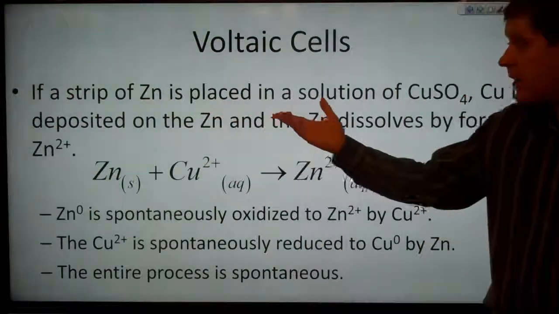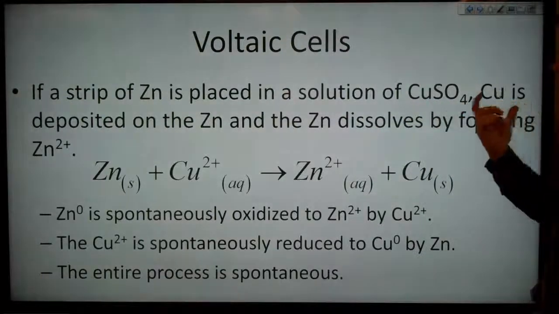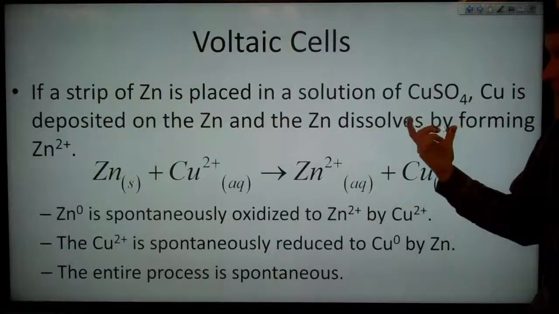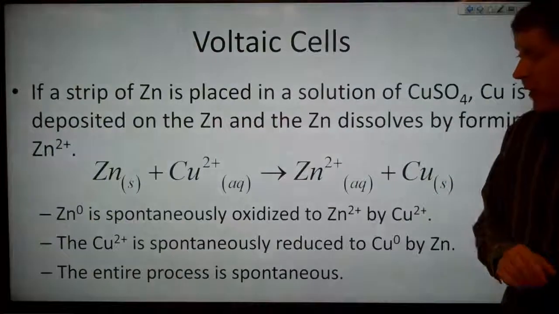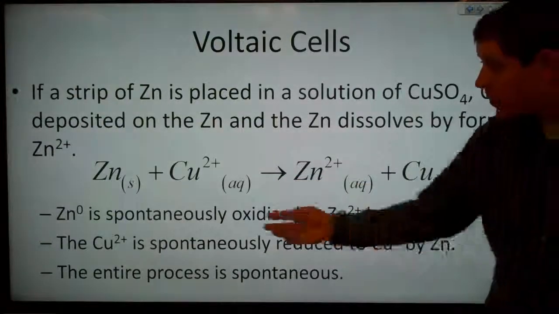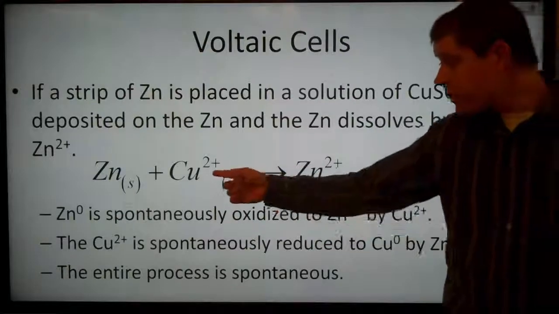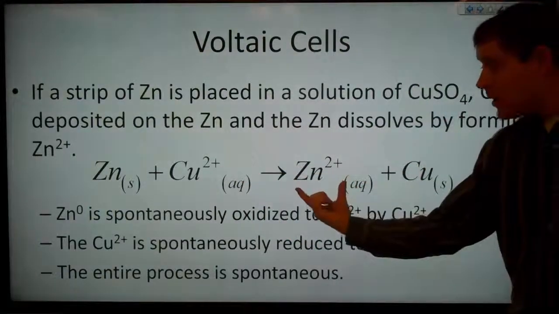If we have a strip of zinc that's placed in a solution of copper sulfate, then the copper is deposited on the zinc, and the zinc dissolves and forms the zinc 2+ ion. So here's our chemical reaction. We have the zinc solid with an oxidation state initially of 0, the copper with an oxidation state of 2+.